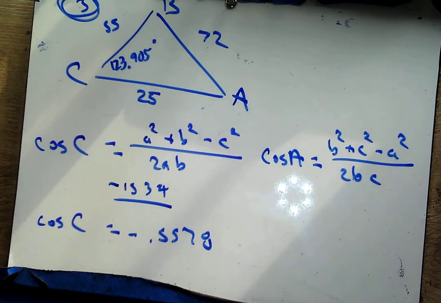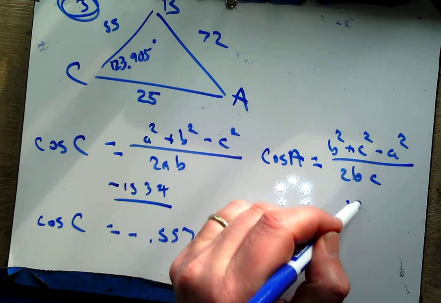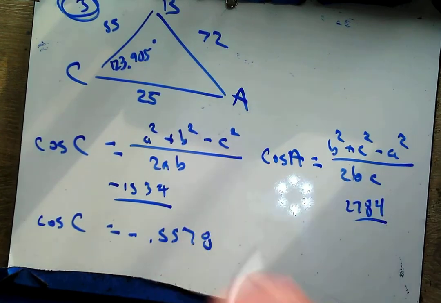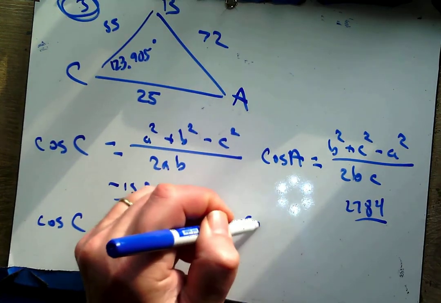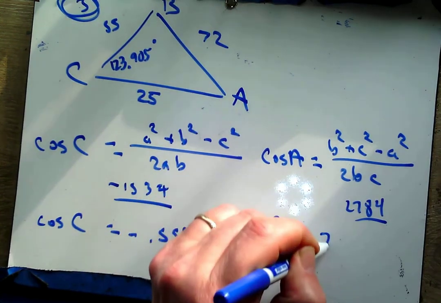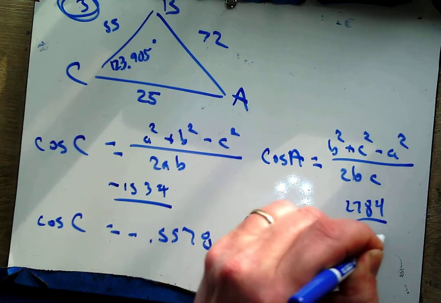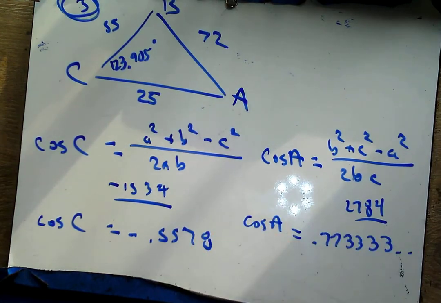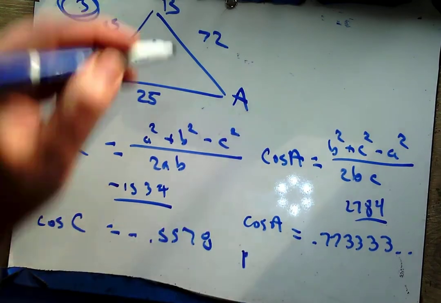And I want to divide that number, which, by the way, turned out to be 2784, by 2 times our B value times our C value. And I end up with cosine of A is 0.77333 and a whole bunch of 3's.